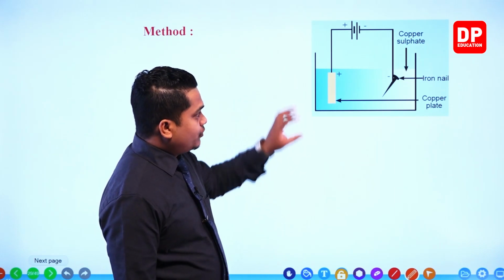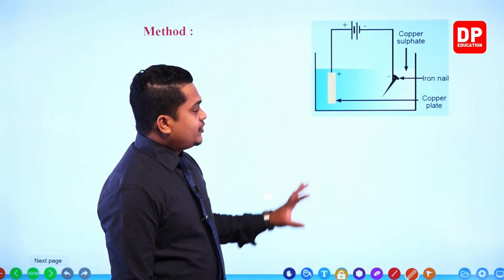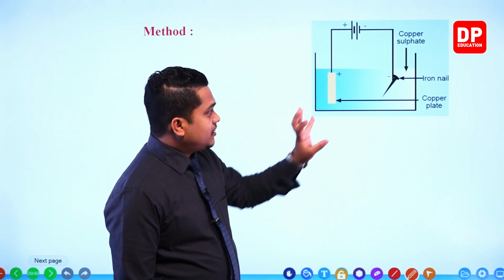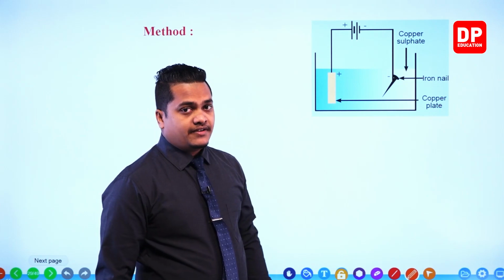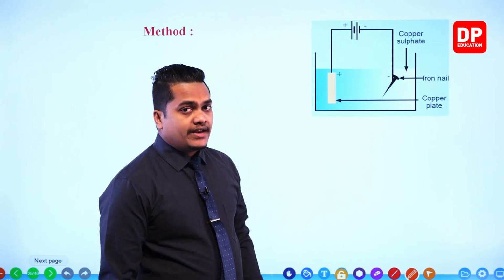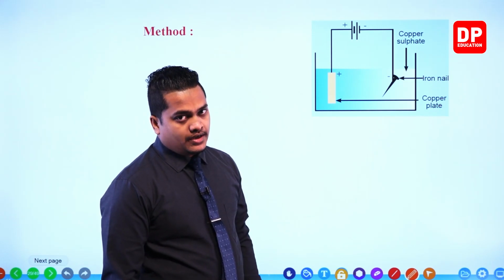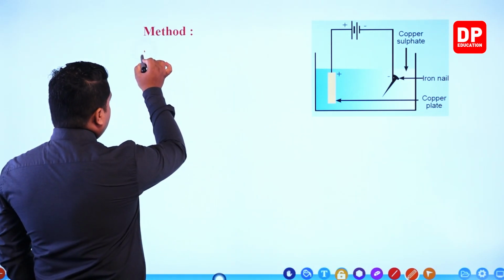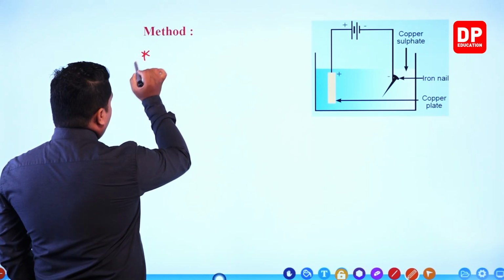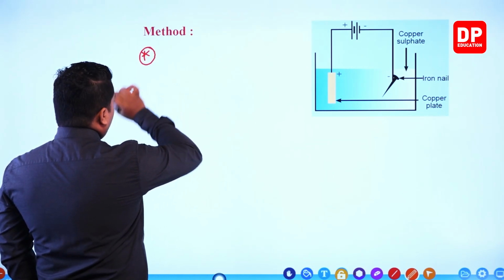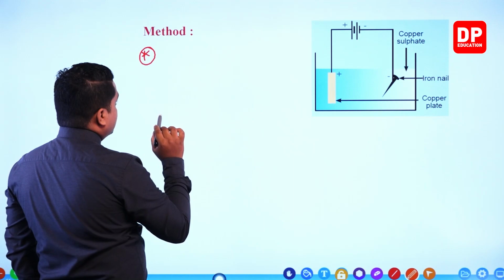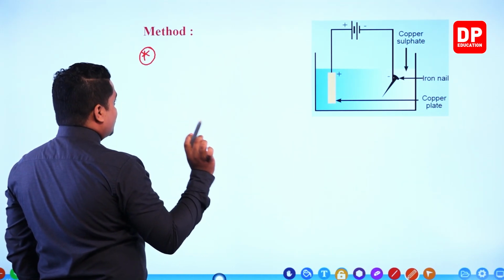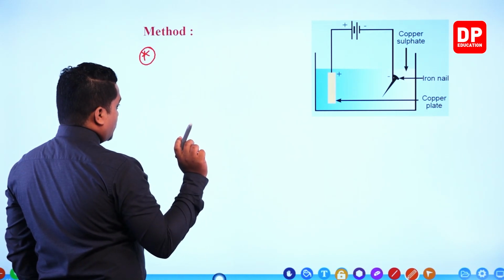Then you dip these two objects into the copper sulfate solution, and the process of electroplating is going to occur. So let's write down the method, my dear children. These steps are very important, so I'll put a star mark and circle it, because it's very important to connect in this manner. Otherwise, the process will not occur for sure.